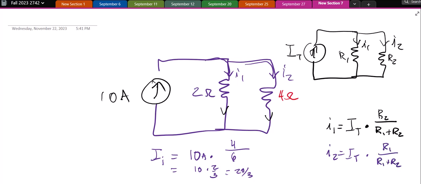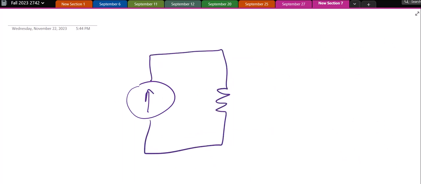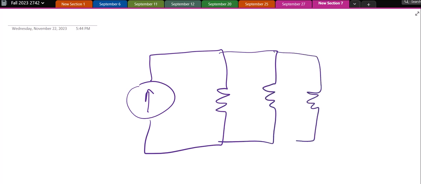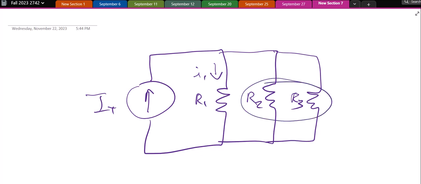Now, what do you do if you have more than two? Well, you have to be careful. It's not as easy as with voltage division, because you can't just add resistors that are in parallel. You can't just add the resistances together. So let's say I wanted to find I1. What I would have to do is first replace R2 and R3 with their equivalent resistor.